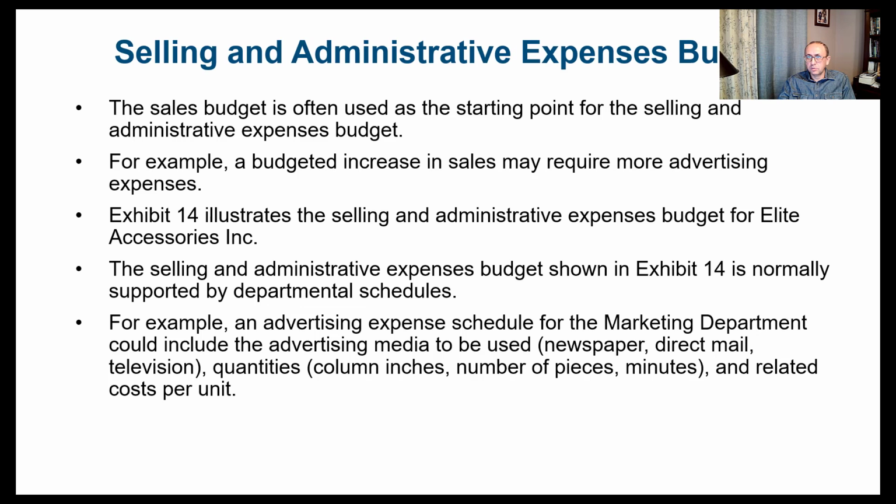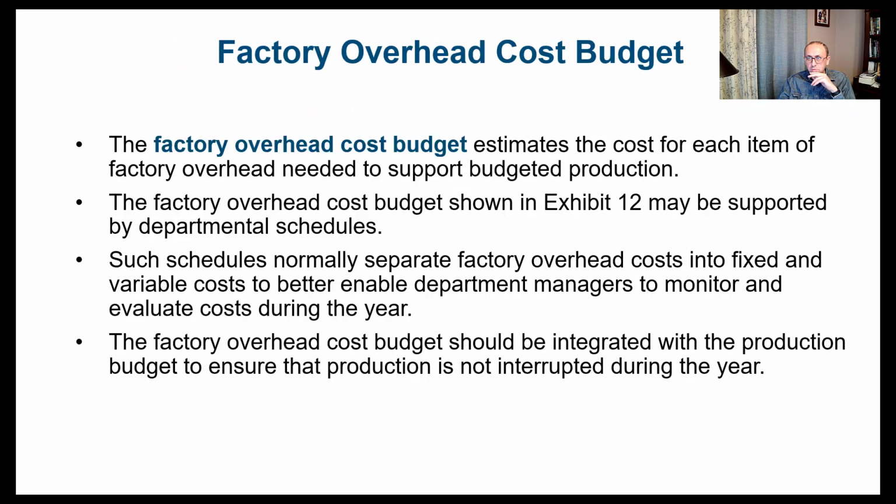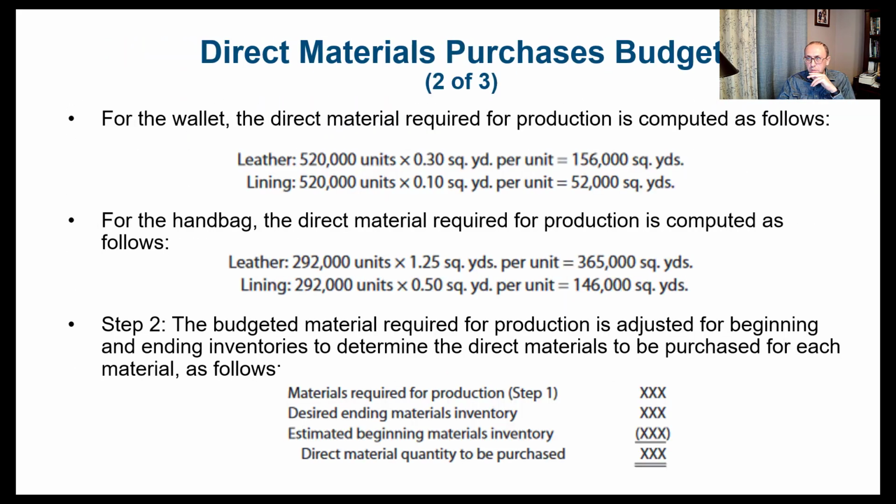The next thing is to calculate the selling and administrative expense budget. Remember, the selling and administrative expense budget is directly related to the production budget, or the sales budget. So the sales budget is often used as the starting point for the selling and administrative expense budget. So remember, when we have the sales budget, and let me take you back to that chart.